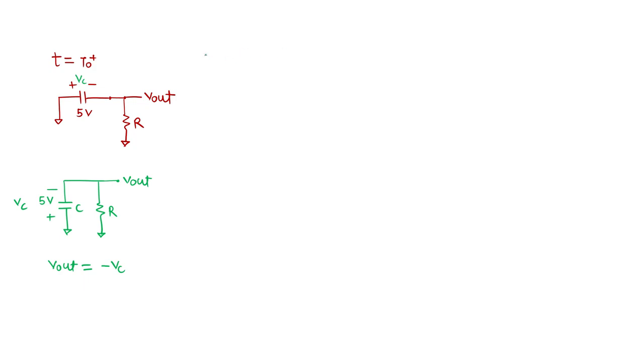The initial expression for the output was V1 minus VC. Now for t greater than t naught, my V in is 0 again, so V out is minus VC. We can see this from the equation, and also directly from the diagram.